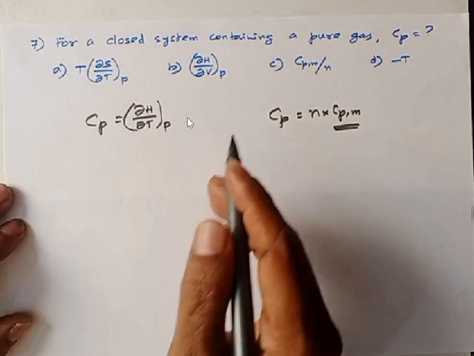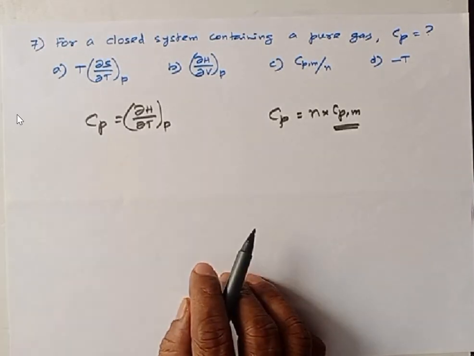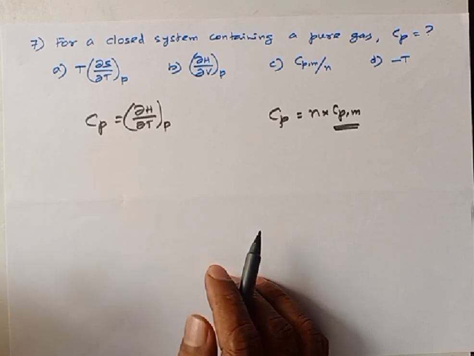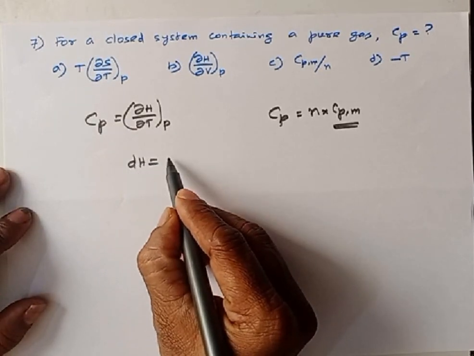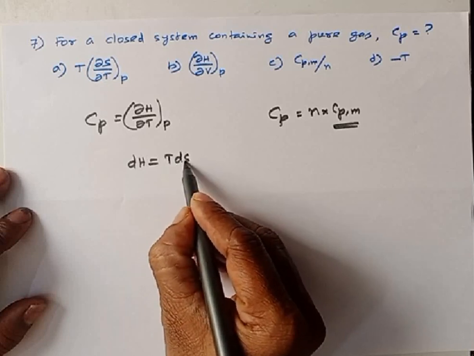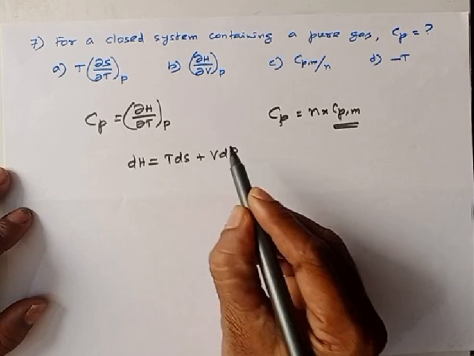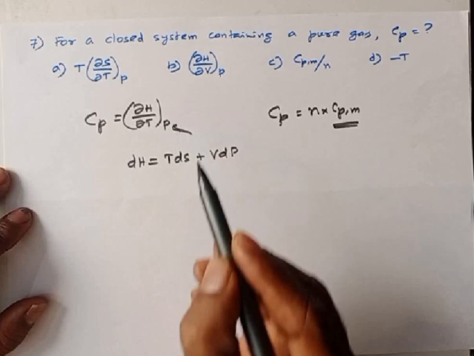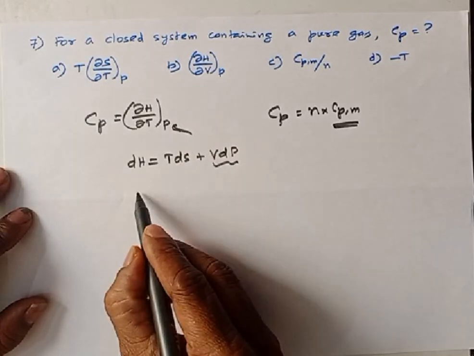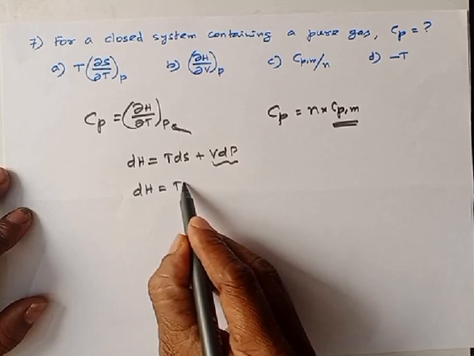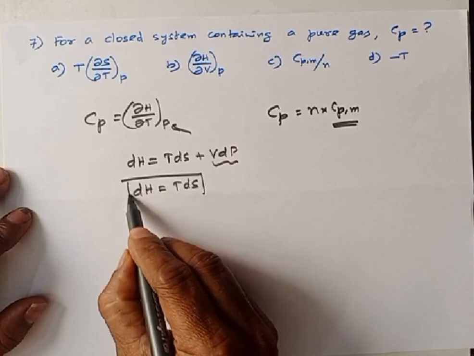Remember, as per the standard equation we just discussed, dH is equal to TdS plus VdP. Now see here, we should keep pressure constant. If we keep pressure constant, this term becomes 0. So dH is equal to TdS.